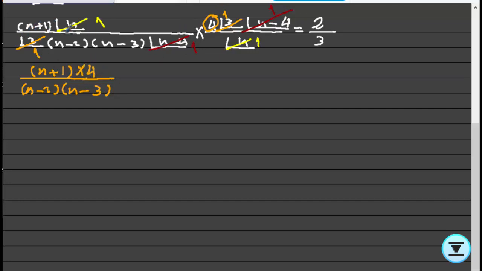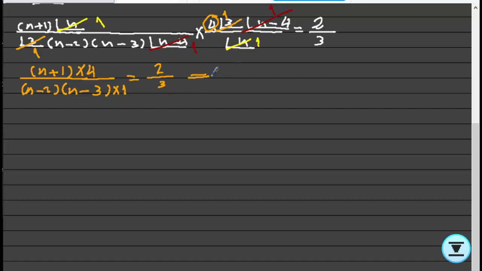So (n+1) multiplied by 4, we write it over (n minus 2) multiplied by (n minus 3), equal to 2 over 3.